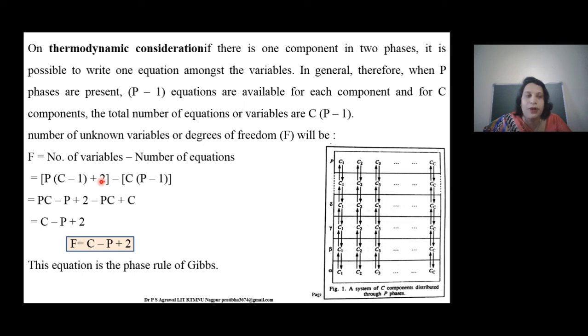We take 2 as pressure and temperature. So the total number of variables for this system right now is P(C minus 1) plus 2. But do we need all the variables? No, we need only the minimum number of variables for degree of freedom. So if there are any dependent equations or dependent quantities which can be derived from this, we have to subtract them.